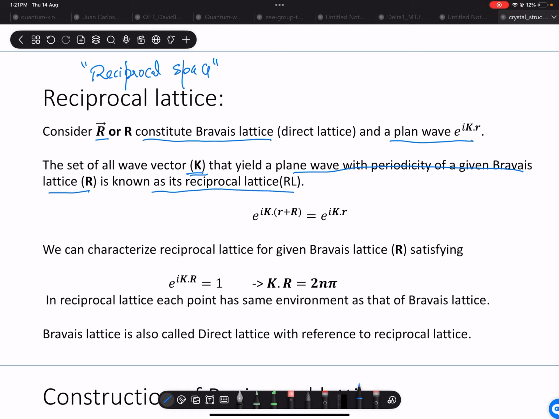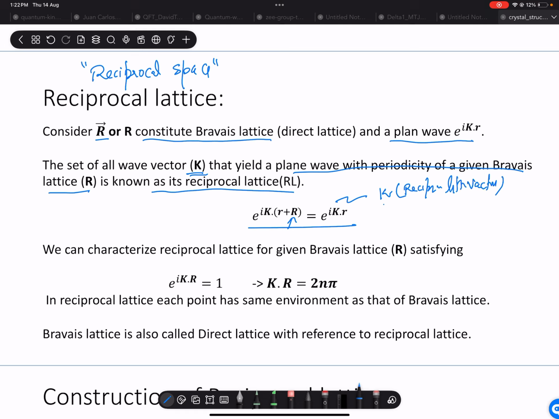So this is equivalent to changing r by r plus R, the Bravais lattice vector, and if the wave remains intact, for those special cases, these are called reciprocal lattice vectors, right?